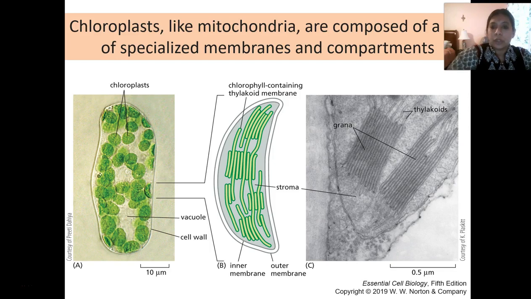So we're going to look at them more in detail in a minute and look at exactly what's going on at the molecular level inside. So again, in a photosynthetic cell, you're going to see your cell membrane and an outer cell wall. You will see your large vacuoles that are maintaining that cell's water equilibrium. And then you will have all these chloroplasts.